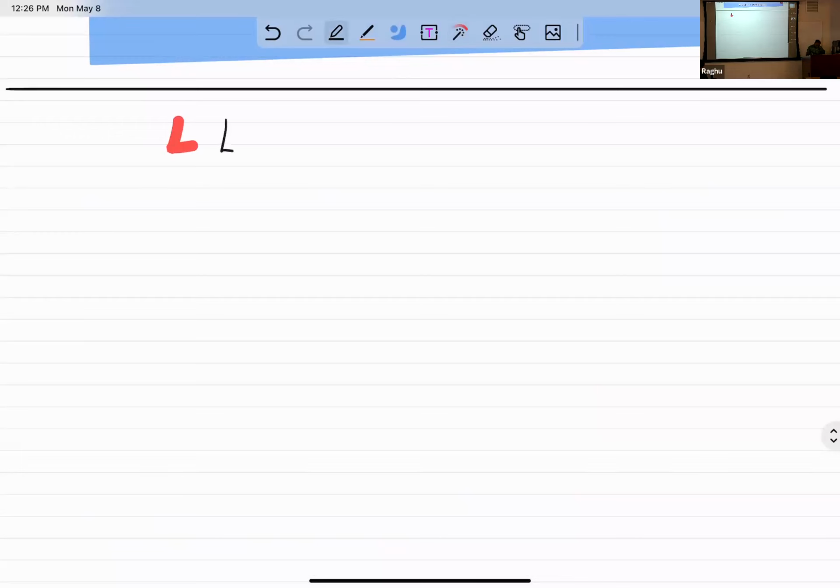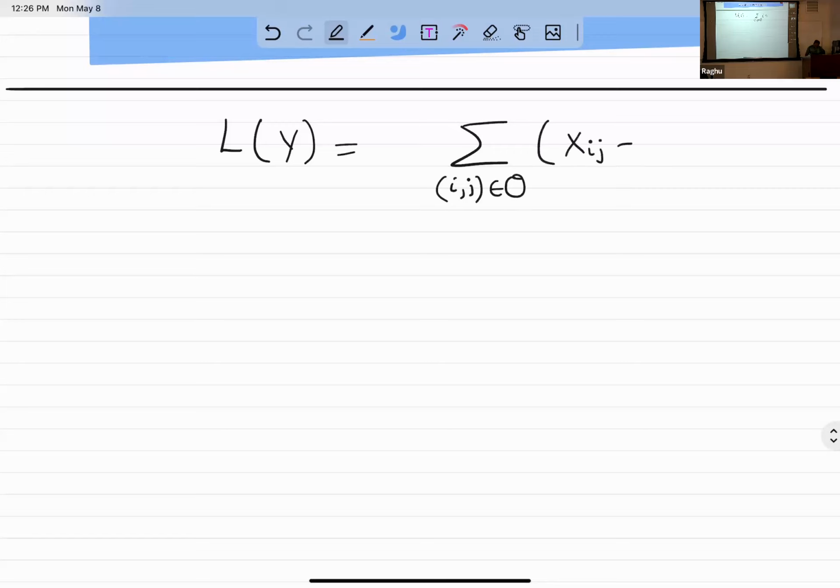Let me define L of Y as: look at all of the observed entries and the error that I get. Okay, I just wrote down the objective function as a loss function.